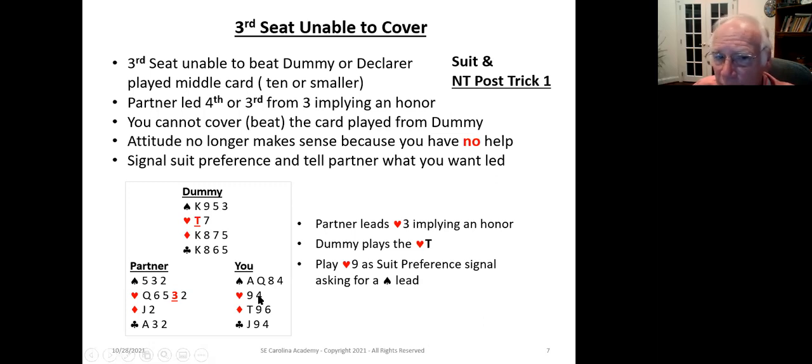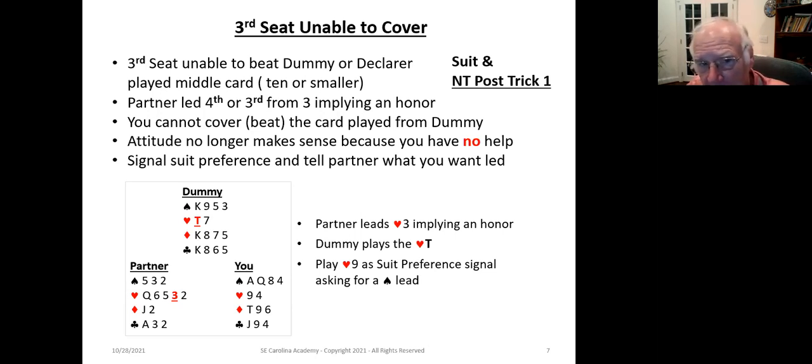For example, if you're using attitude, the 9 would say don't continue the suit, a 4 would say continue the suit. That information is useless because you know that you can do nothing to help your partner develop tricks in that suit.